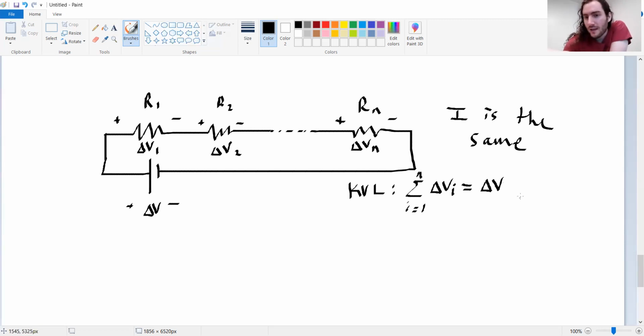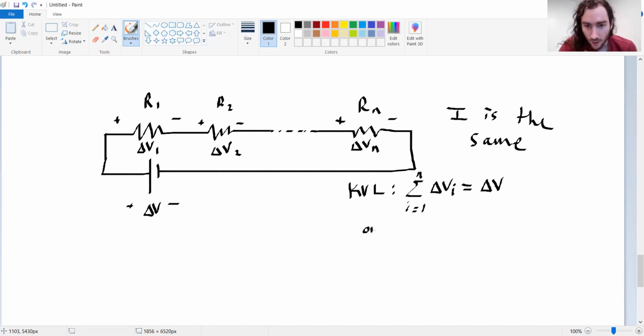Now, the other way to think of it is that we sum up all of the voltages and set it equal to 0. The voltage of our battery would be positive, and the voltage drop across all of these resistors would be negative. And so it would really be delta V minus delta V1 minus delta V2, dot, dot, dot, all the way out to minus delta Vn, and that would be equal to 0.